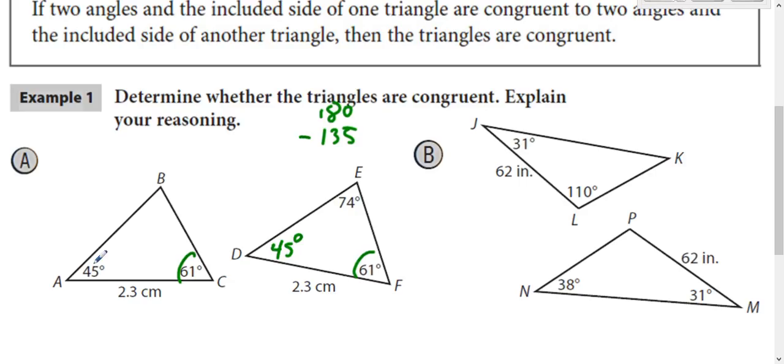So now our 45-degree angles match up, the 61-degree angles match up, and then we have the side in between with 2.3. So yes, the triangles are congruent because we have two angles that are congruent and the side in between.